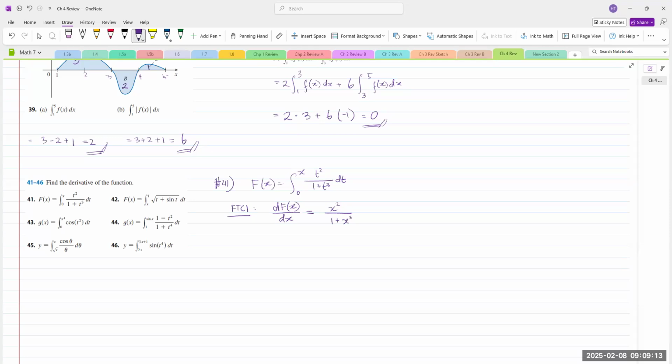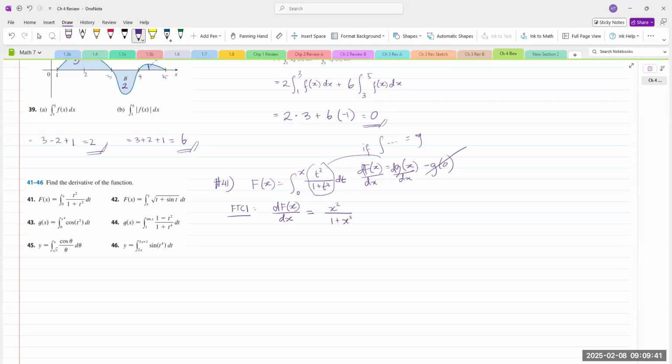Now, if you want a further explanation, the way I explained it in class, if the antiderivative of the integrand is g, then this will be gx minus g0. Okay? Now, when you do the derivative of that, this becomes 0.